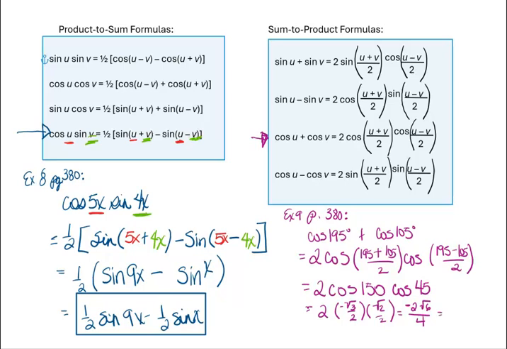And when I simplify it, I get negative square root of 6 over 2. So the sum of the cosine of 195 degrees plus the cosine of 105 degrees is negative square root of 6 over 2.